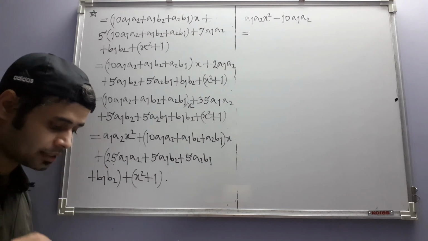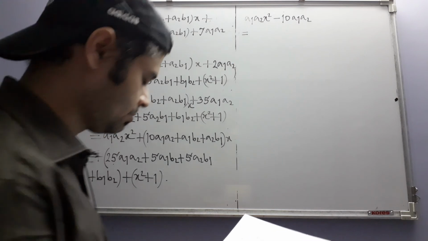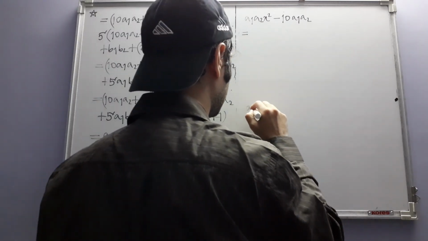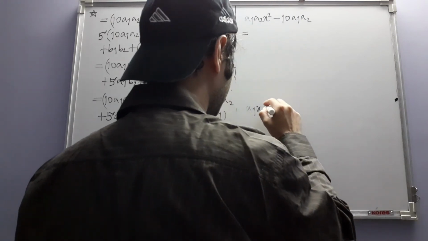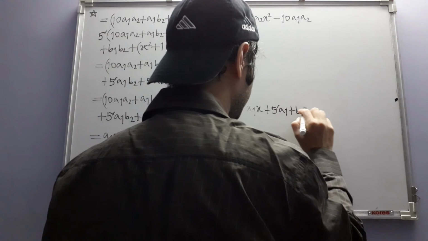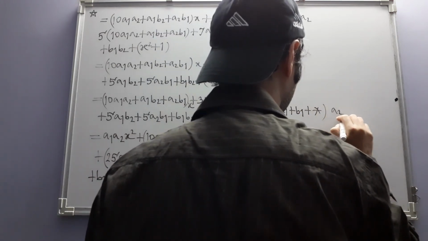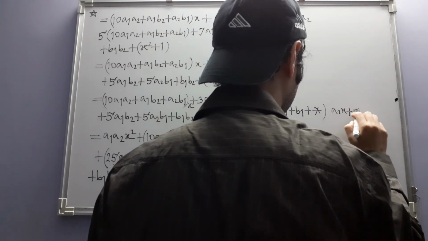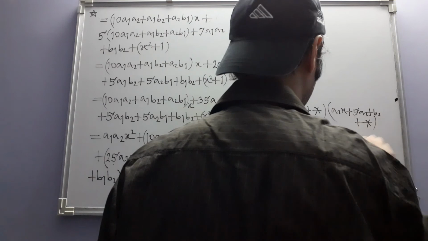Oh, but where is that 10 going? Yeah, that thing is there, no? Let me see. a1 x plus 5 a1 plus b1 plus our ideal, times a2 x plus 5 a2 plus b2 plus our ideal.